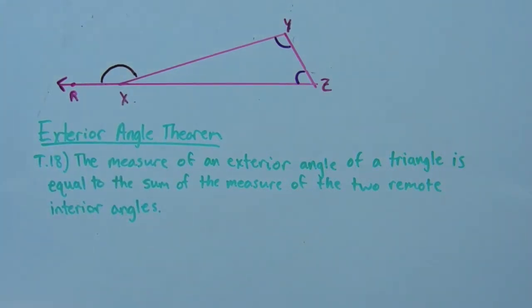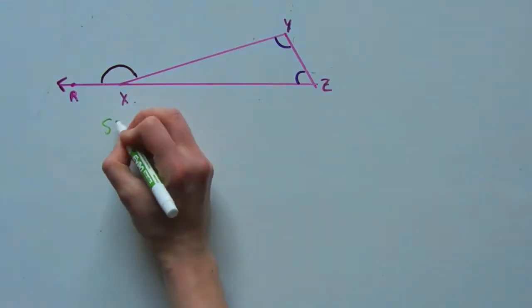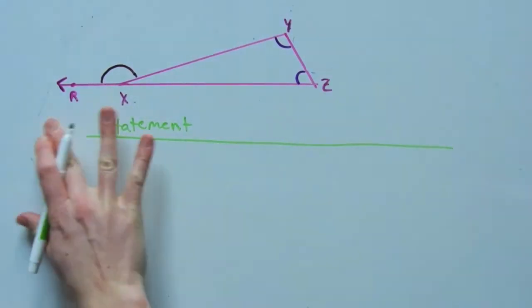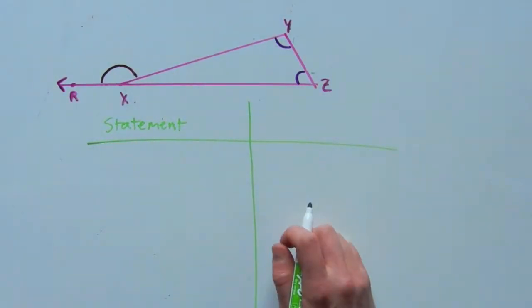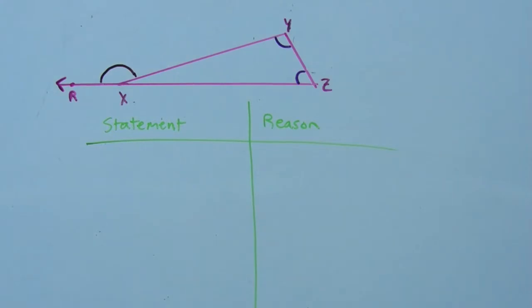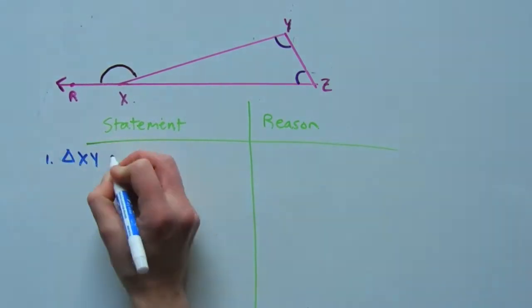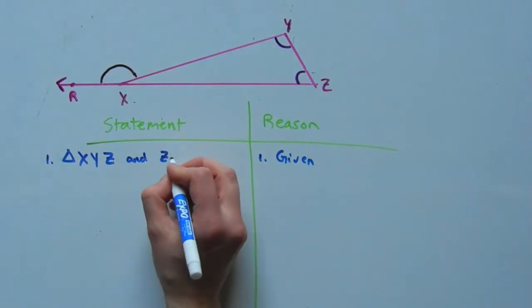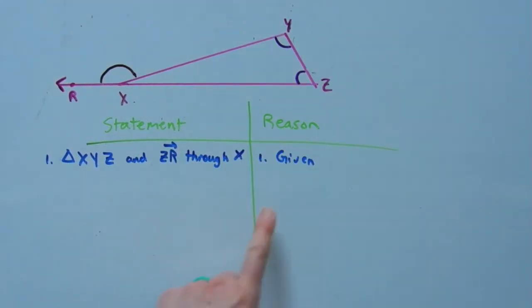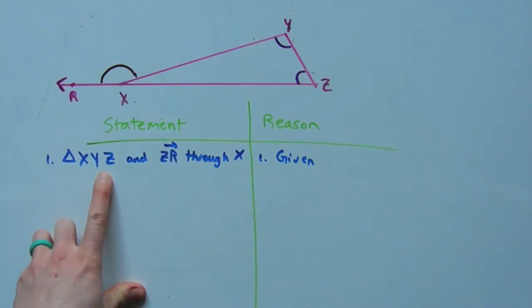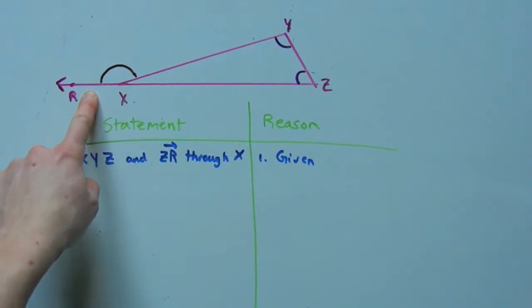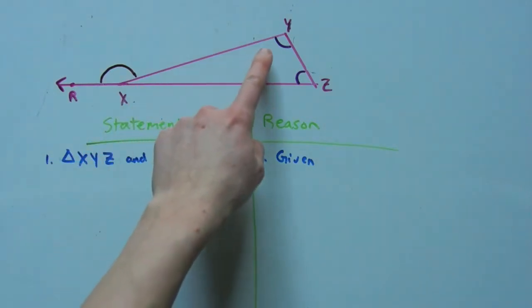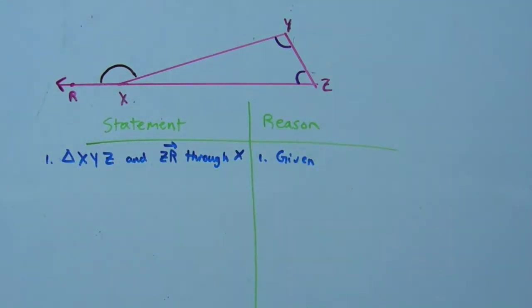Now we're going to prove this theorem. First, we're given triangle XYZ and ray ZR that goes through the point X. You can see that since this is a straight line, YXR and YXZ will form a linear pair.